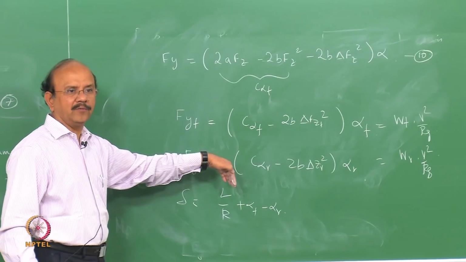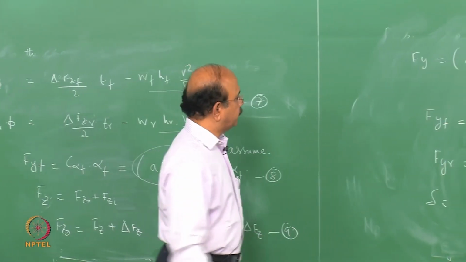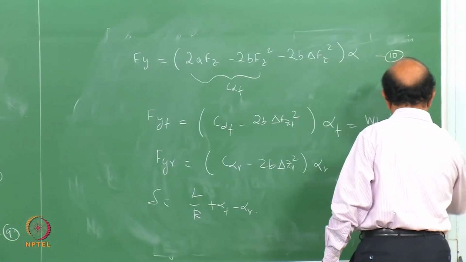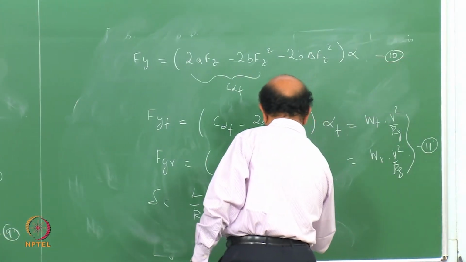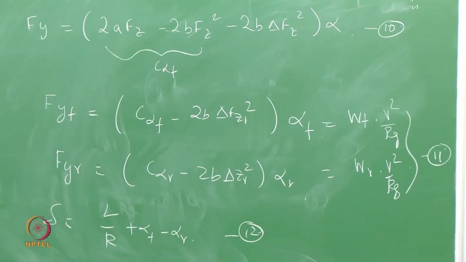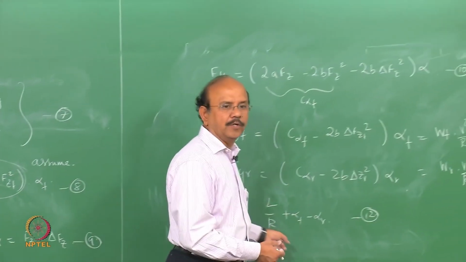So that is what will give me also my definition for K. I'm going to substitute, let me call that 11, and that's 12. Substitute 11 for alpha from 11 to 12, and then we will get a new expression for delta.